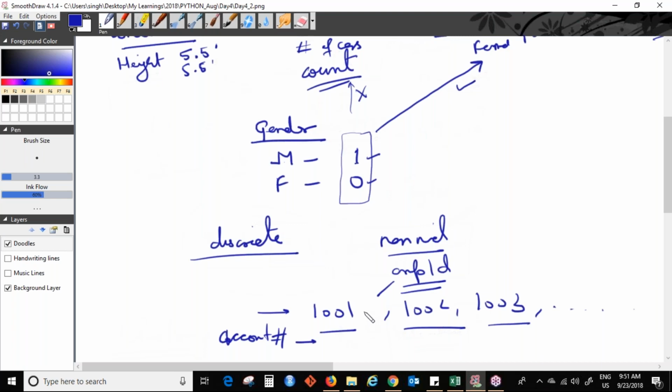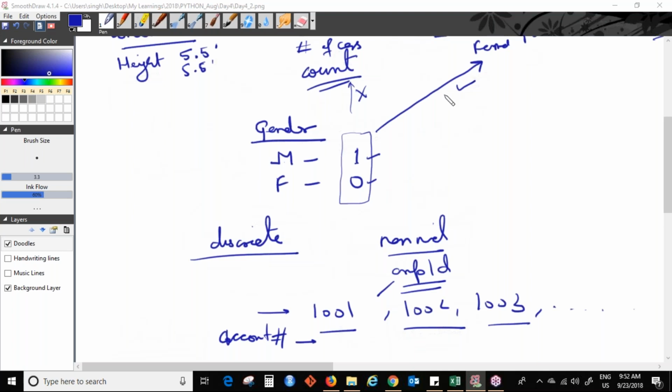Employee ID, bank account numbers, what kind of variables are they? Sinod says it's nominal.